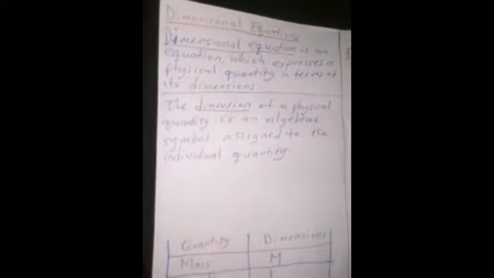Now, for this, we take the three important aspects of the fundamental quantities. Hope you know this from your earlier stage in education, in school. For the fundamental quantities, we have the length, mass, time, electric current, temperature, luminous intensity, and amount of substance.